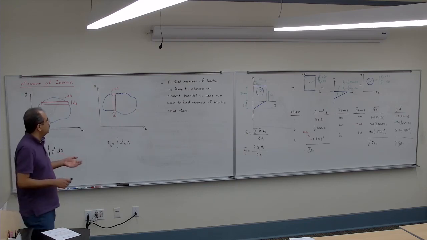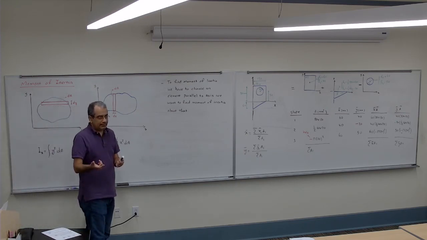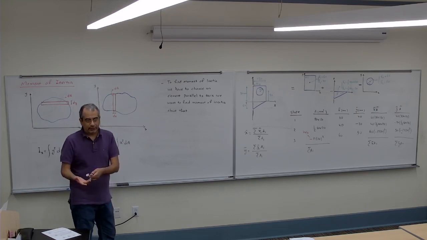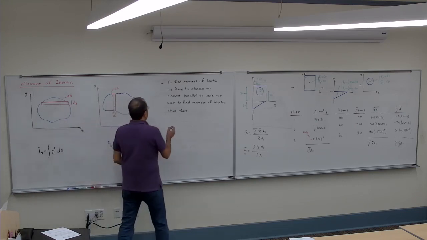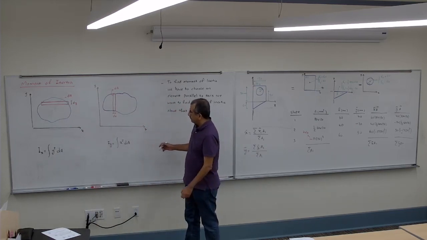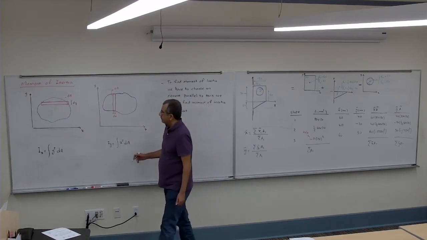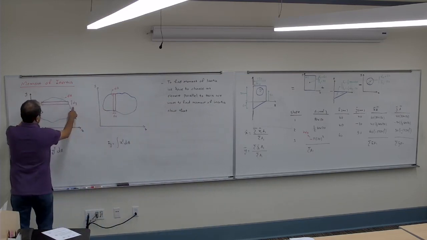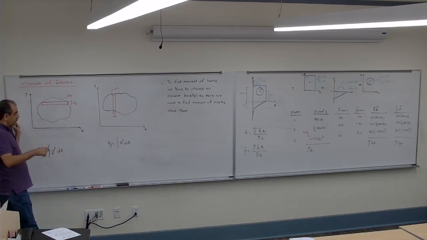And again, similar to the previous one, if you have dx in the element, we have to write all the variables as a function of x. If you have dy in the element, we have to write all the variables as a function of y. So here we have dy, so we have to write everything as a function of y.